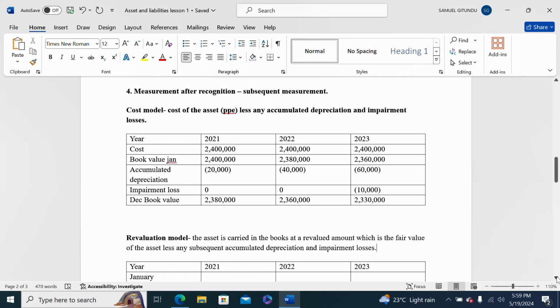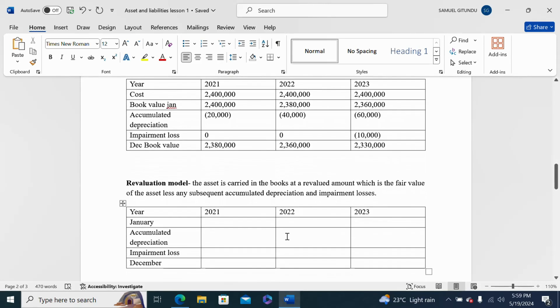So the asset is being revalued by a professional valuer, and this model is used when the fair value of the asset can be measured reliably.